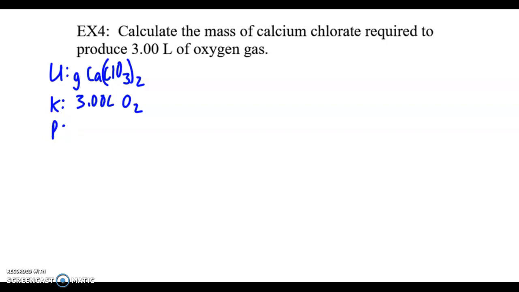The plan is we are going to go liters to moles, probably always going to be your first step unless you're already at moles. And then we're going to go from moles of oxygen to moles of calcium chlorate. And then we're going to go from moles of calcium chlorate to grams of calcium chlorate. Oh, and I forgot something. We start with one thing, we go to another, so that means we need a balanced chemical equation.